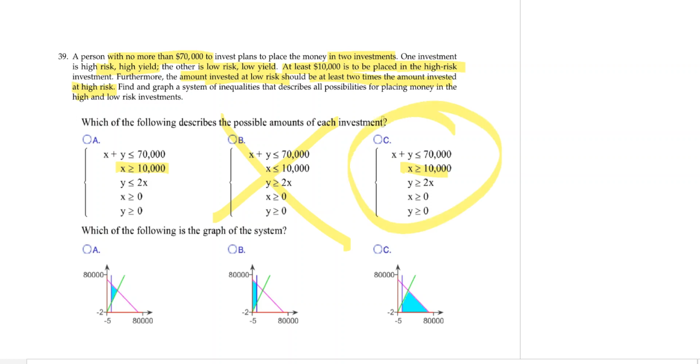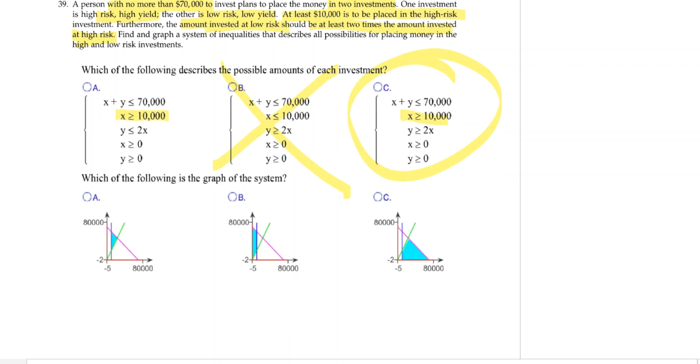So the answer will be C. And then if you graph these, you'll see that the answer is between A and C. Y is greater than or equal to 2x.